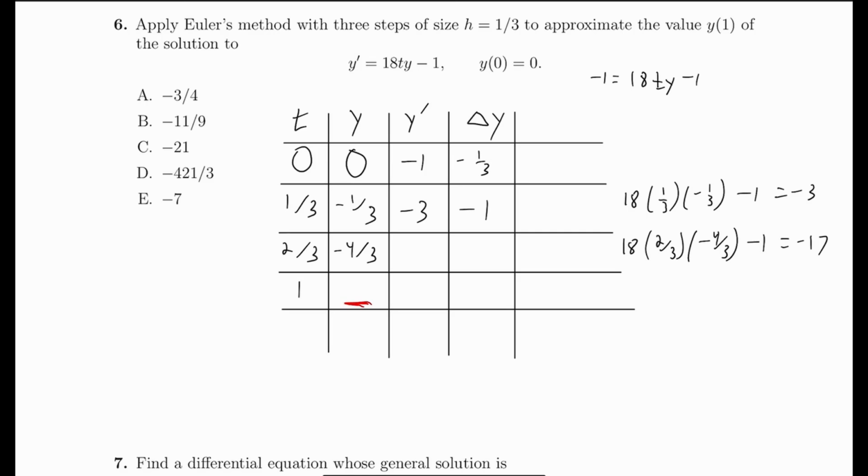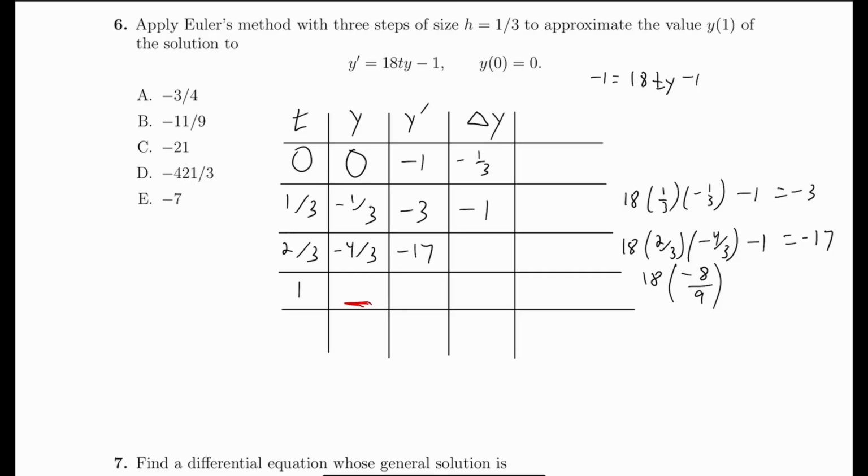I don't think I did the arithmetic right there. This is 18 times negative 8 over 9, which is 2 times negative 8. So negative 16 minus 1. Okay, yeah, that's negative 17. So y prime is negative 17.